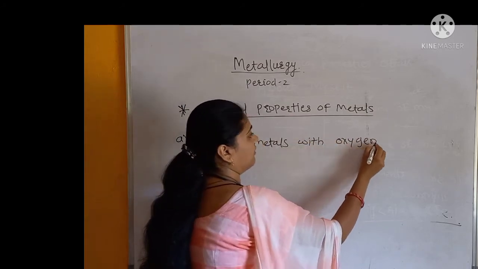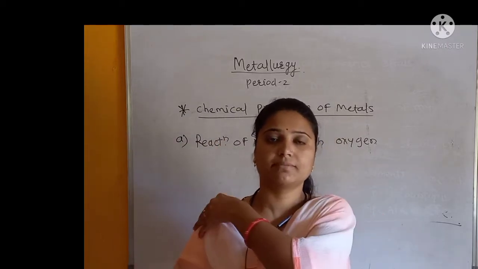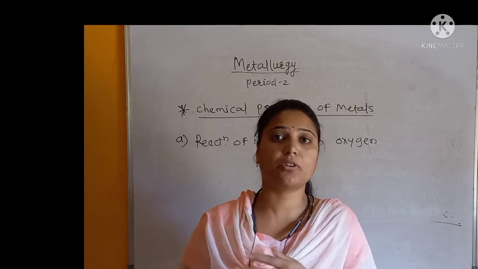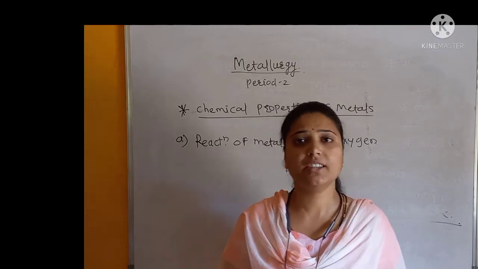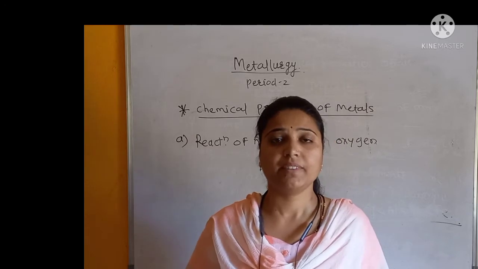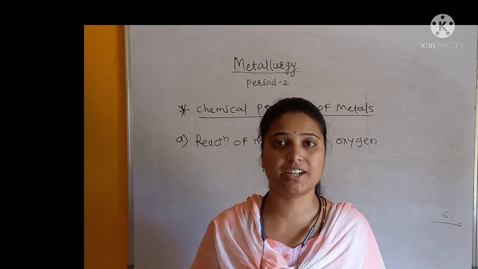When any substance reacts with oxygen, it burns, it catches fire. That type of reaction is an oxidation reaction. When a metal undergoes oxidation, it burns and a metal oxide is formed.